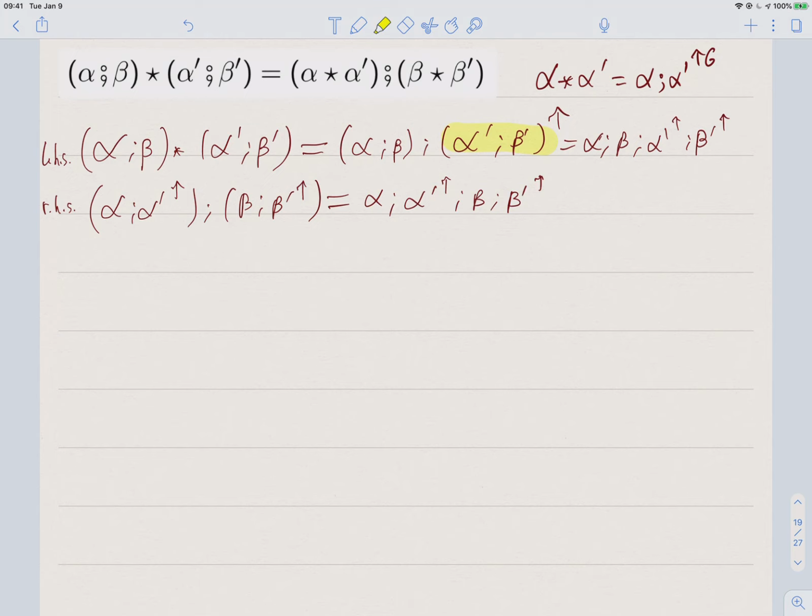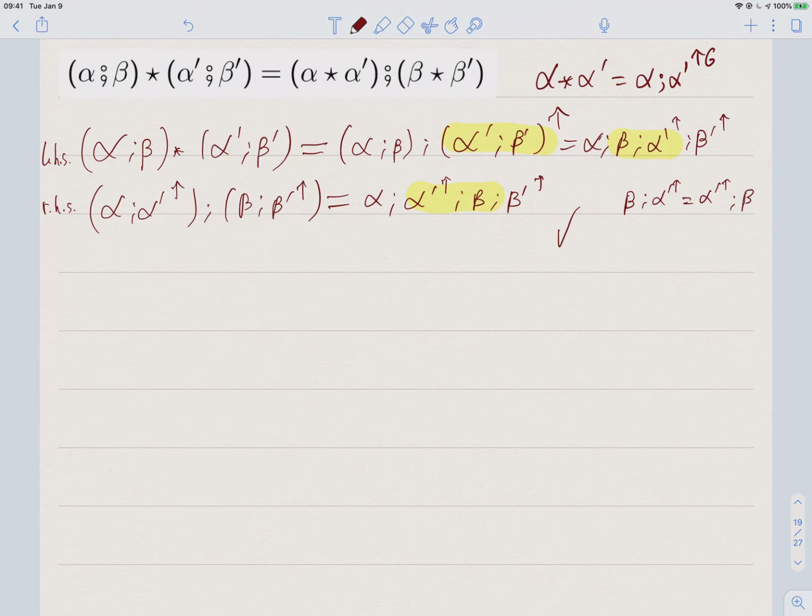What is different? Only these parts are different. Everything else is the same. But these are equal because of naturality, because beta is a natural transformation. So beta and then lifted something is equal to lifted something to a different functor, beta. Now we trust that the functors are correct because types check, and we're done.